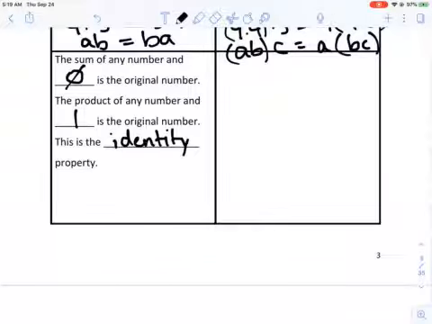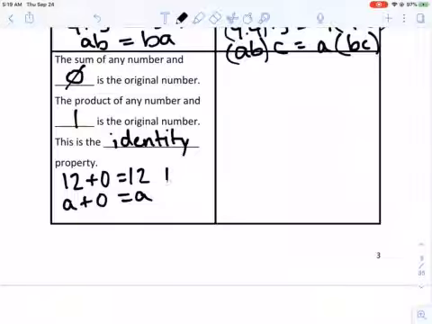So here's an example. 12 plus 0 equals 12. Or A plus 0 equals A. But it's adding and multiplying. So we also have 10 times 1 is 10.